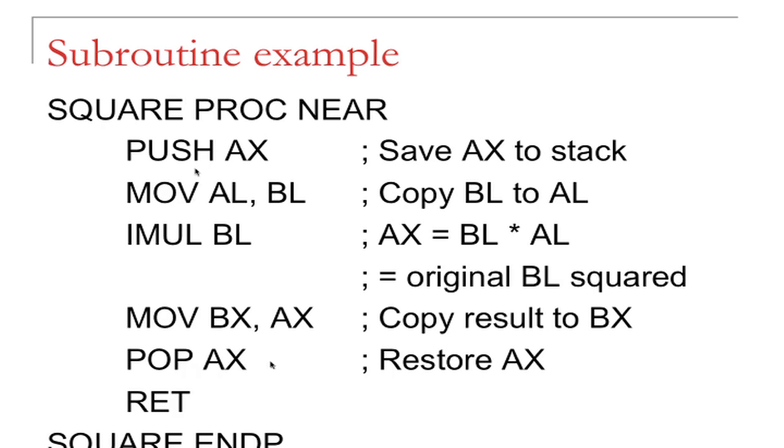So this proc near and NP, this is a pair you always use to indicate the beginning and ending of a subroutine. These are just pseudo-ops, which means that these lines will not generate any code. These are not instructions. They are different from these push, move, or pop instructions. They are called pseudocode.